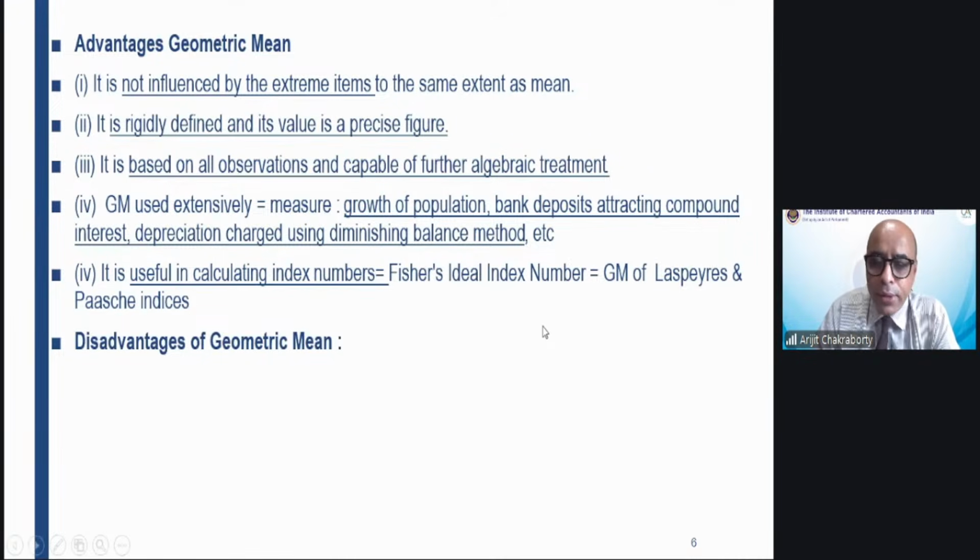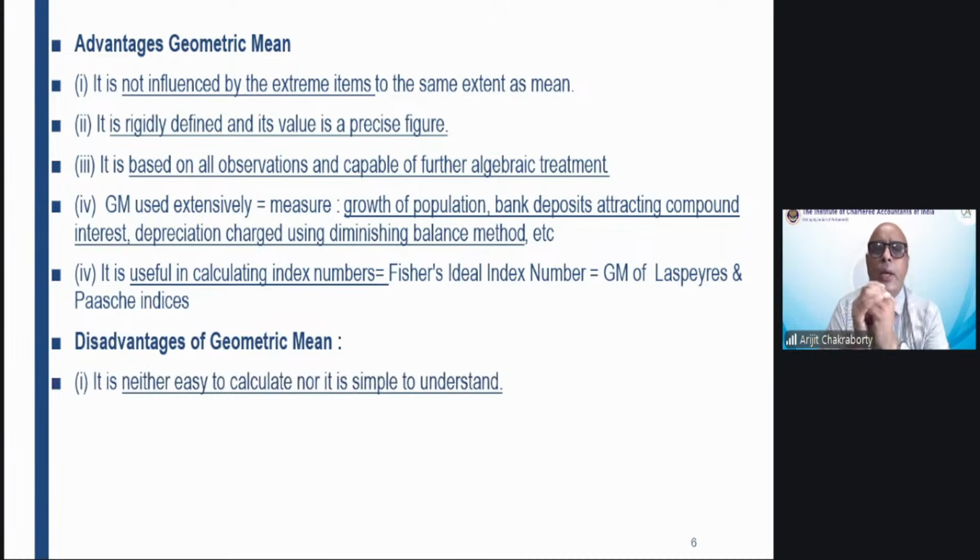Now, disadvantages. Obviously, one or two disadvantages are there, and we were referring to it earlier in the earlier slide. So before we move to that particular disadvantage, another disadvantage which is very commonly pointed out is that geometric mean is not so easy to calculate. Yes, it is true.